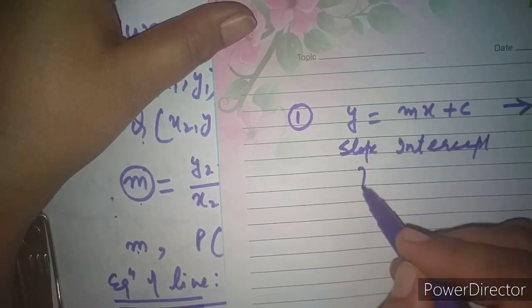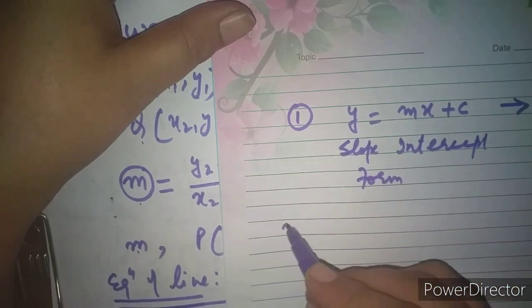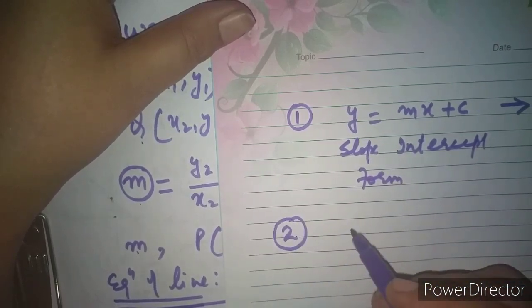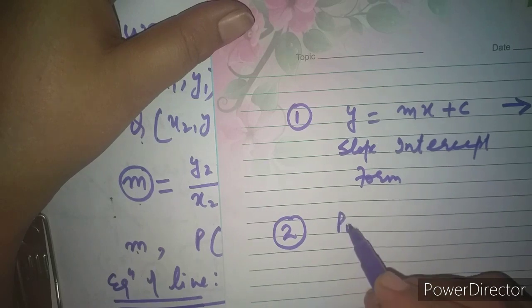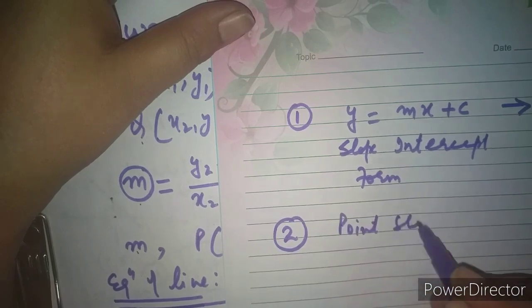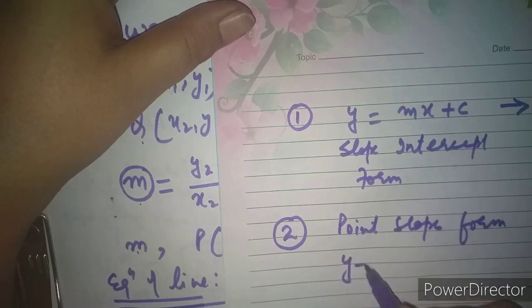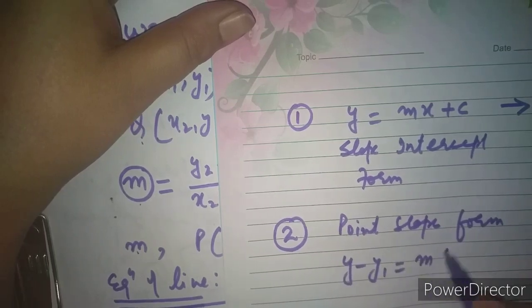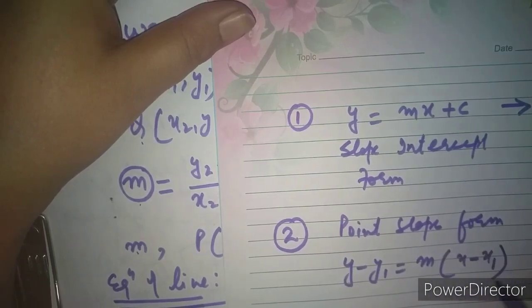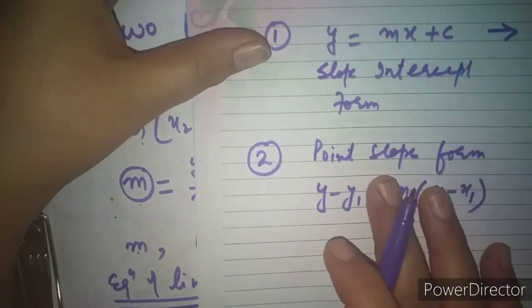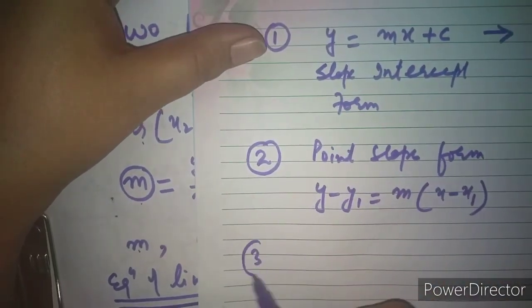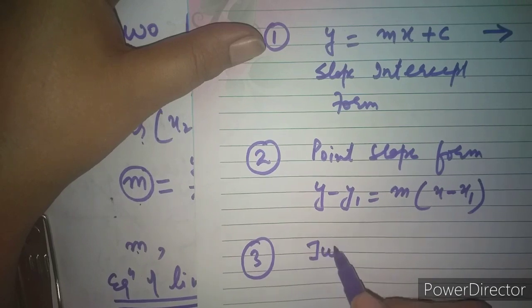The second was the point slope form, and its formula is y minus y1 is equal to m into x minus x1. And the third one is called the 2-point form.